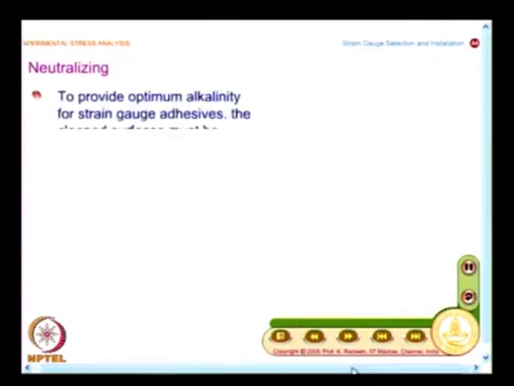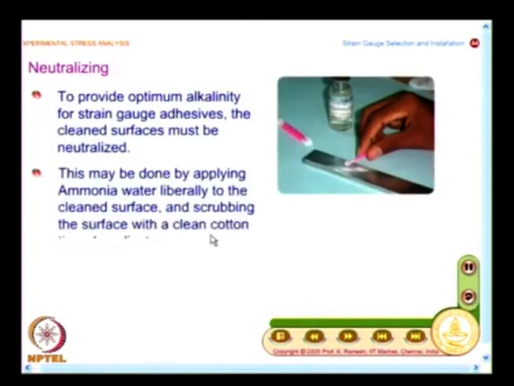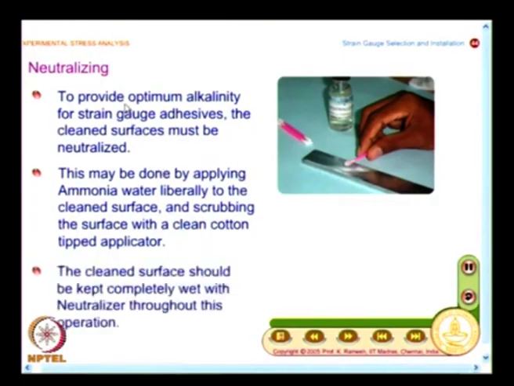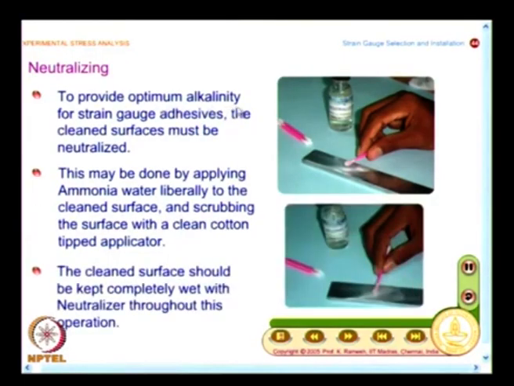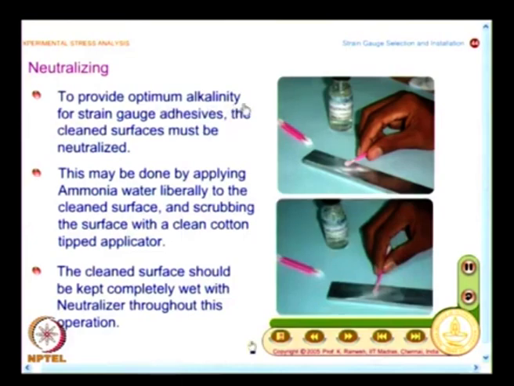Now, you have to neutralize the surface. Why do you do this? This is done to provide an optimum alkalinity of the surface, so that the strain gauge adhesive bonds perfectly on the surface.